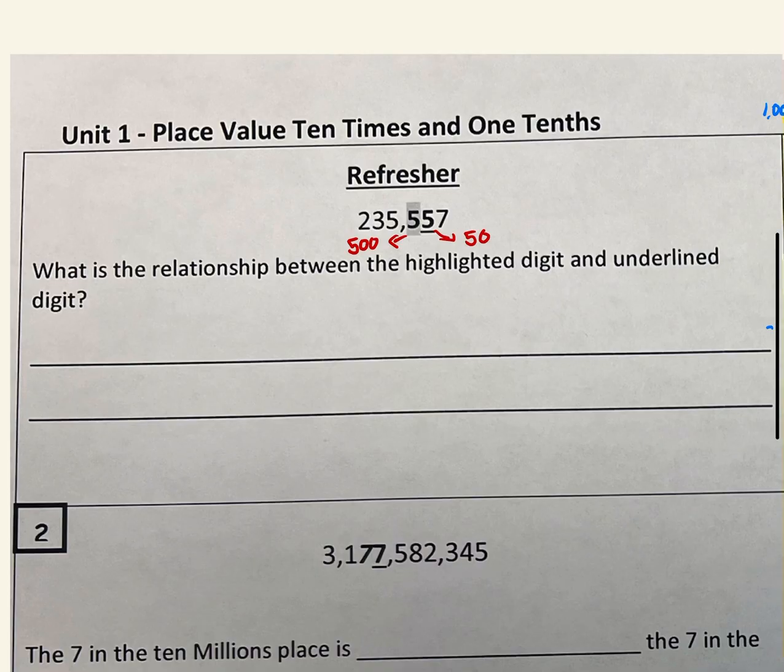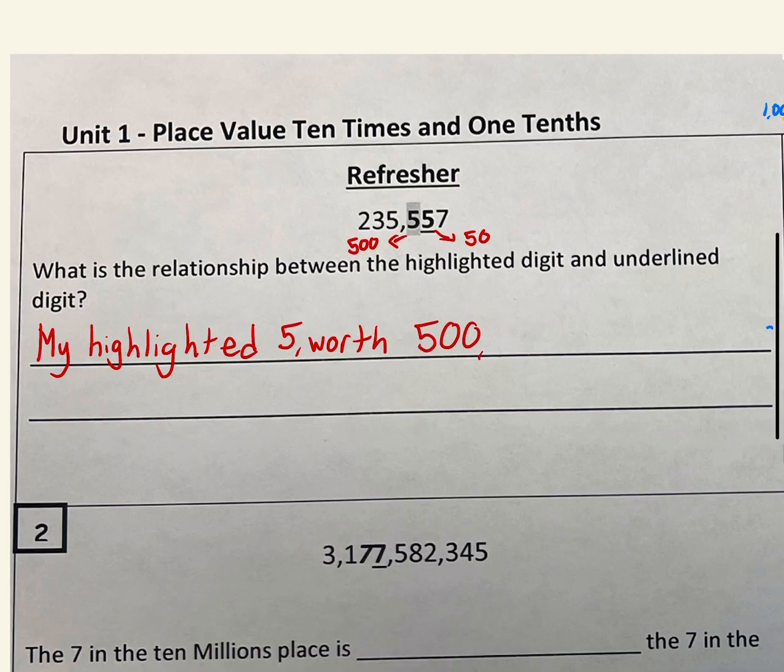Remember, if it's 10 times, that means it's getting bigger, so my number would be bigger than the other one. If it's 1/10, that means it's smaller in comparison. So let's start here. My highlighted 5 is worth, as we already figured out, 500. Well, guys, think about it.